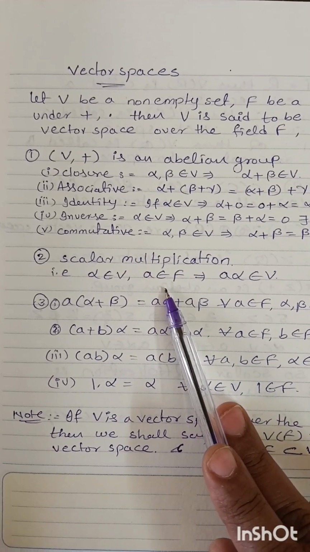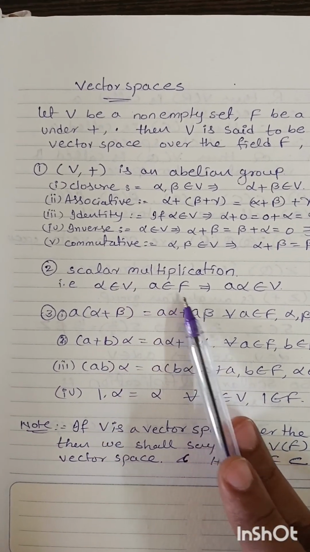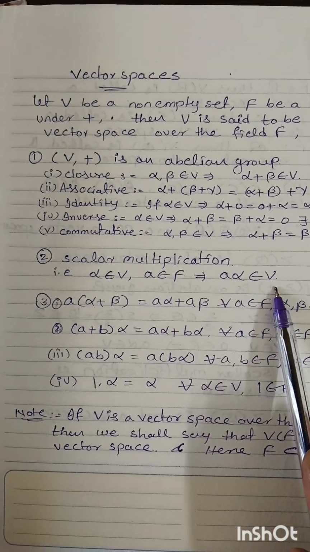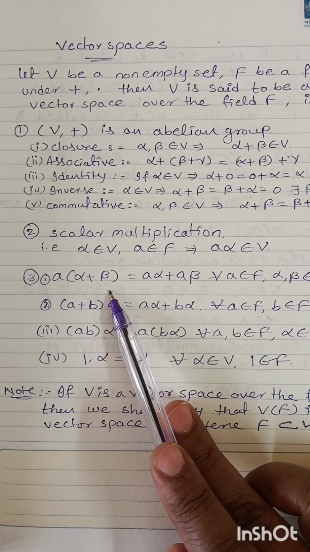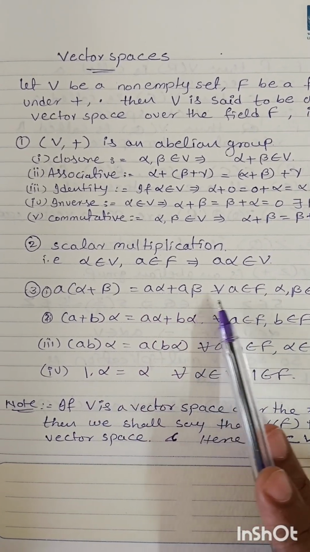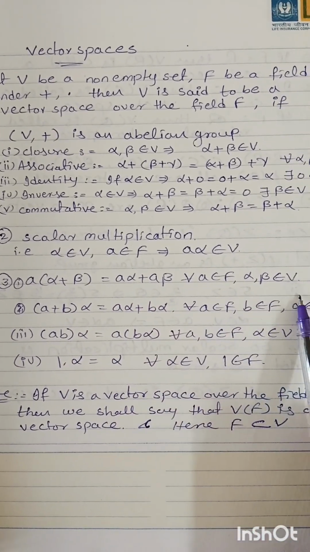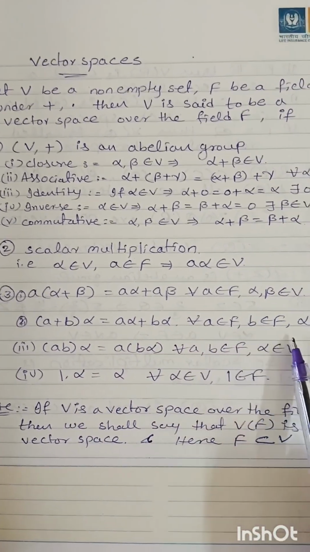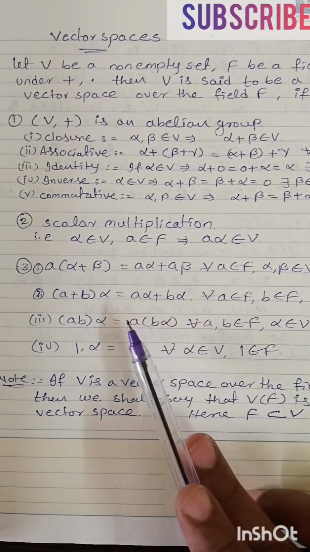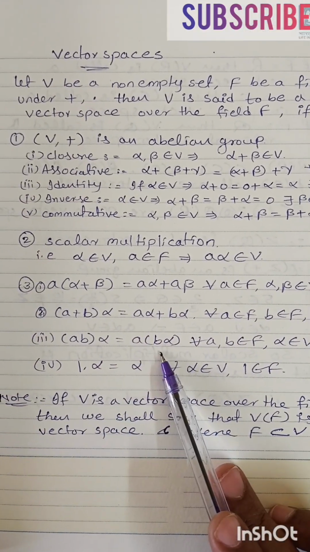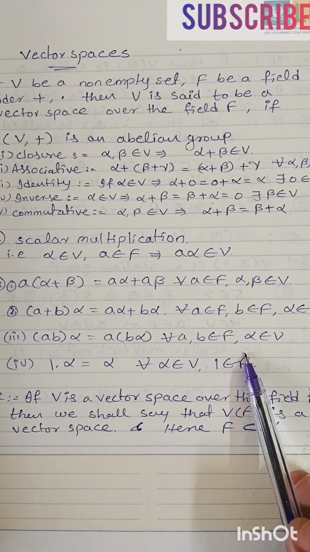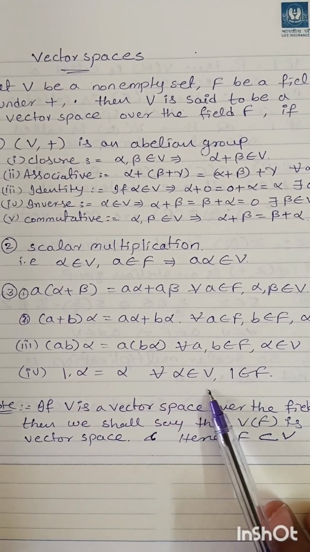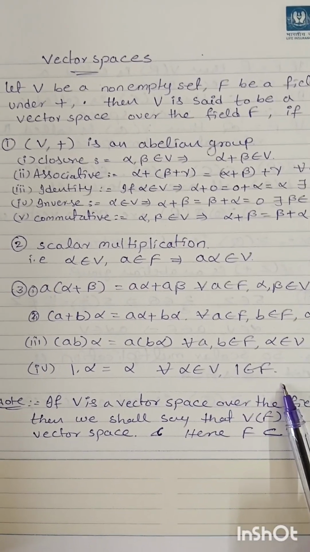Next, scalar multiplication: alpha belongs to V, a belongs to F implies a·alpha belongs to V. Next, a(alpha + beta) = a alpha + a beta for all a belongs to F, alpha, beta belongs to V. (a + b)alpha = a alpha + b alpha, a, b belongs to F, alpha belongs to V. And (ab)alpha = a(b alpha) for all a, b belongs to F, alpha belongs to V. 1·alpha = alpha for all alpha belongs to V, 1 belongs to F.